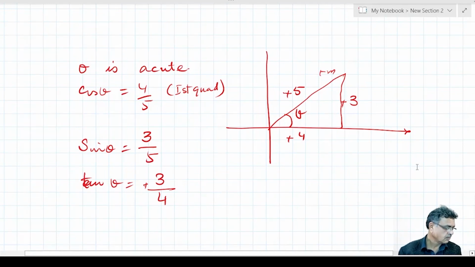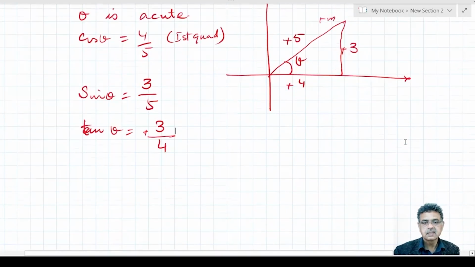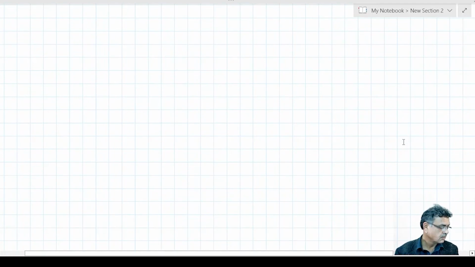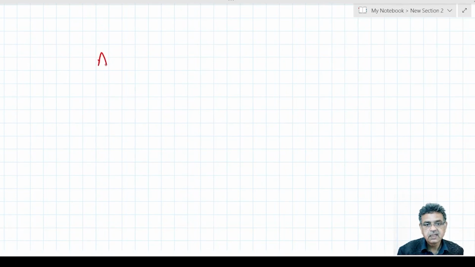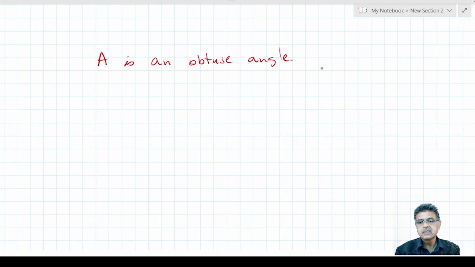Okay, now next it says A is an obtuse angle. What does obtuse mean? Second quadrant. Obtuse is an angle more than 90 and less than 180.